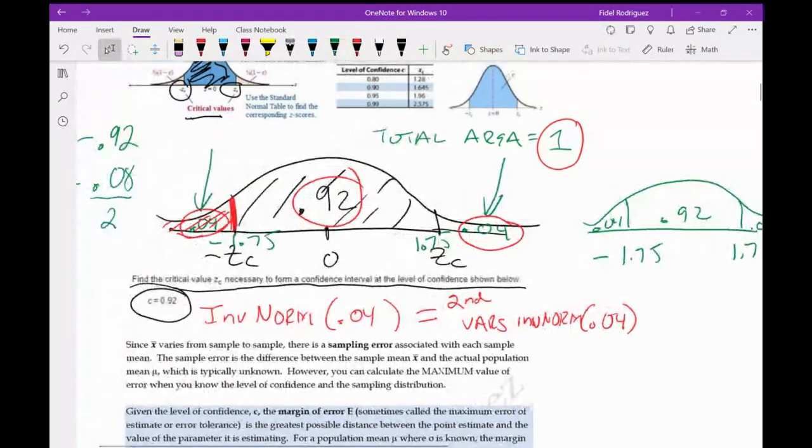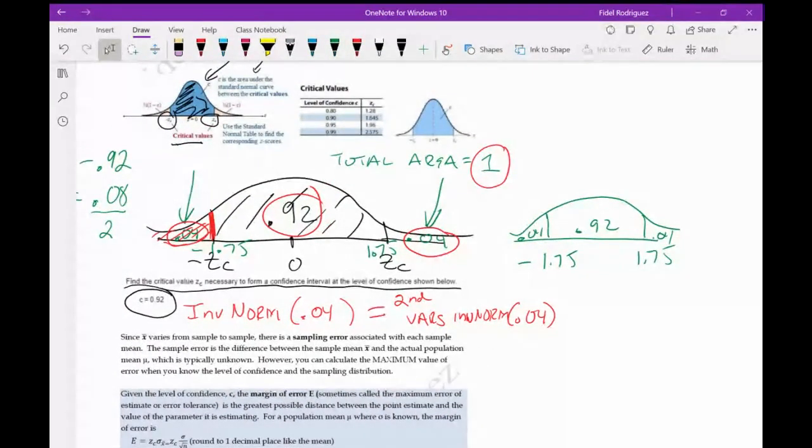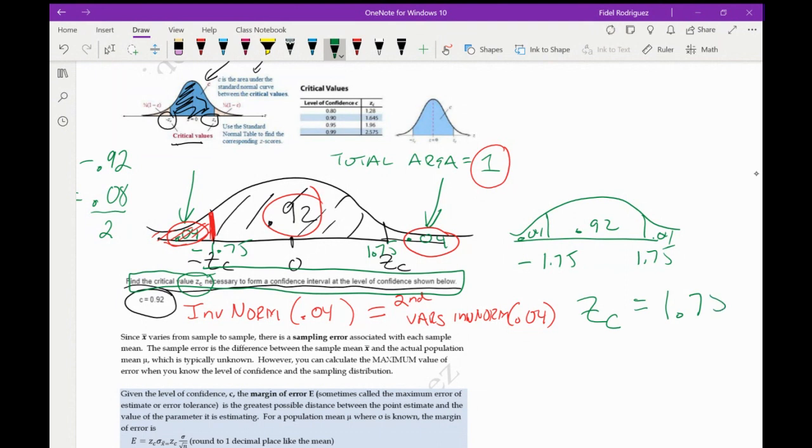Okay, so now when I look at the directions here, it says find the critical value ZC. Remember what I said, guys? We were going to have two of them, one of them being negative and one of them being positive. Since it's asking for ZC, my positive one is going to be 1.75 because it's asking for the positive one.